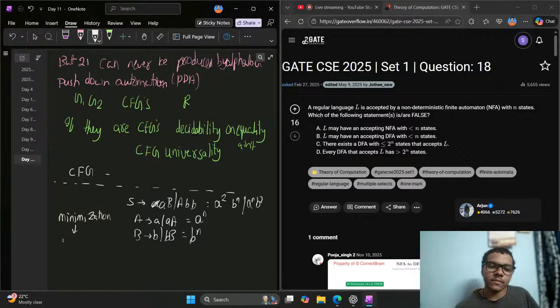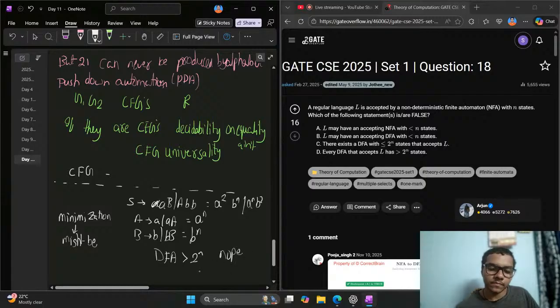Minimization, yes, might be. There exists a DFA with at most 2 power n states. Yes, that is true. Every DFA that accepts L has more than 2 power n states?